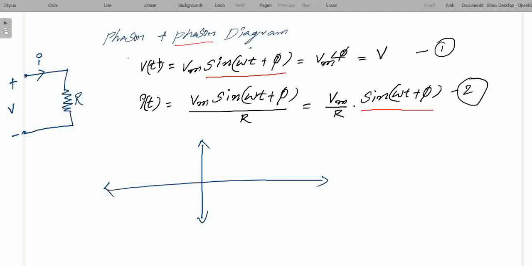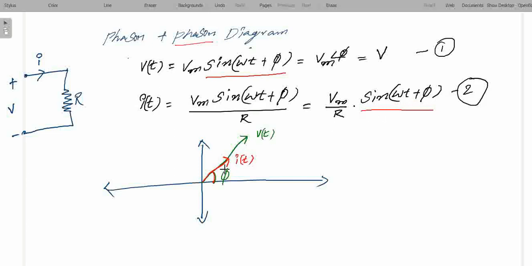So let us draw for V of t. V of t is making an angle of phi. And I of t is Vm by R, so its value becomes less, and it makes the same angle, because of omega t plus phi.